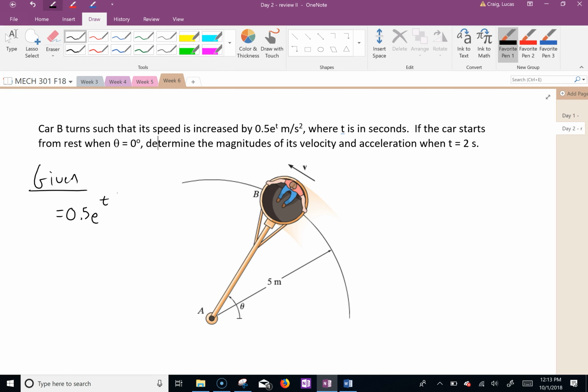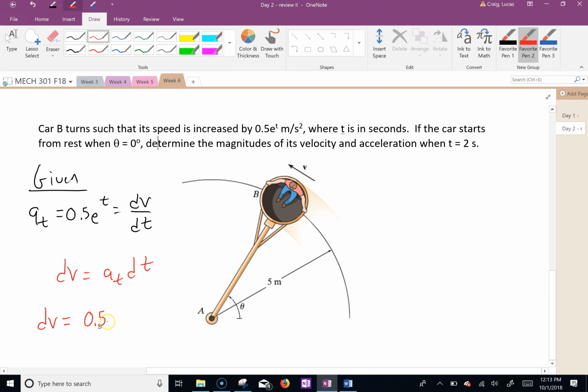Okay, so this is actually a_t, because the definition of a_t is dv/dt. So I'm just going to start with that. dv equals a_t dt, so dv equals 0.5 e to the t dt.